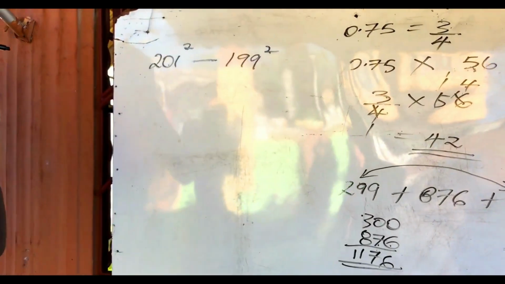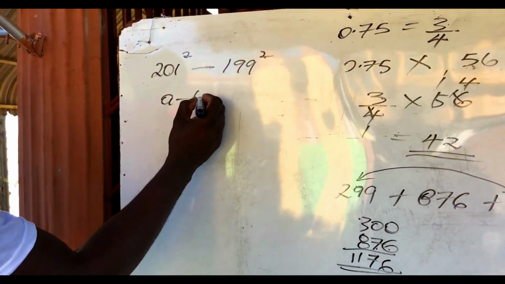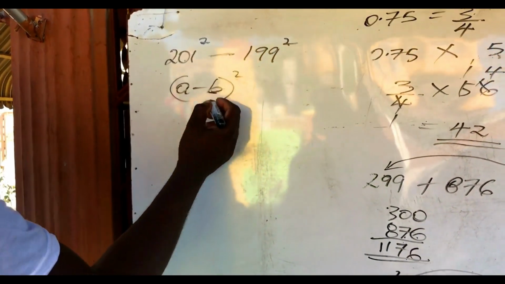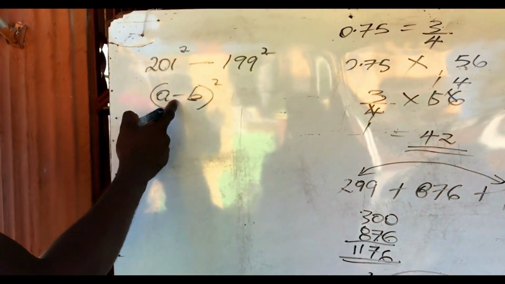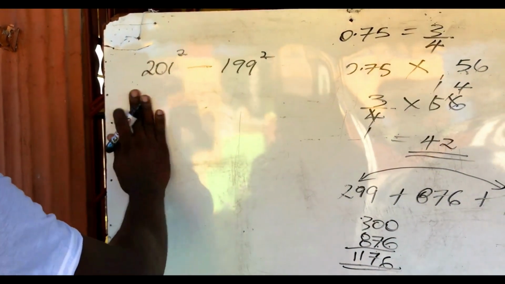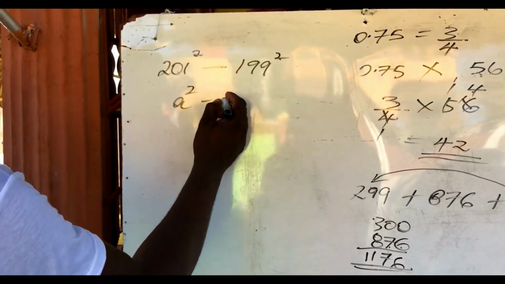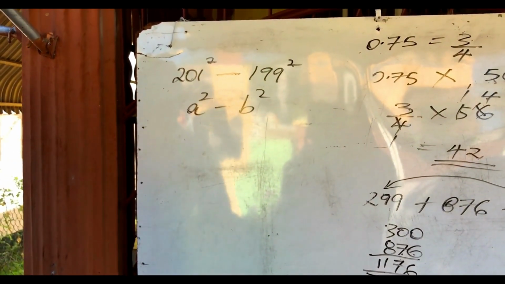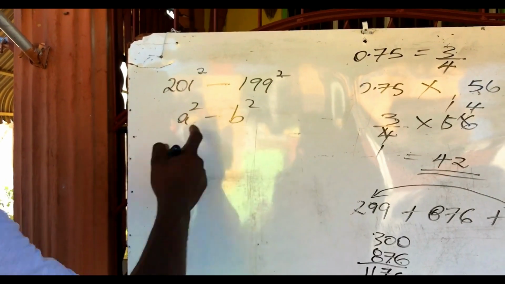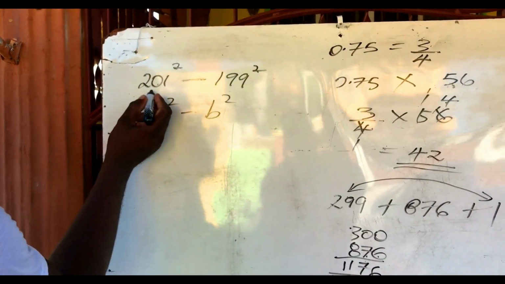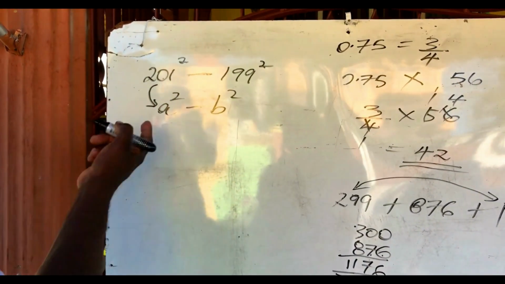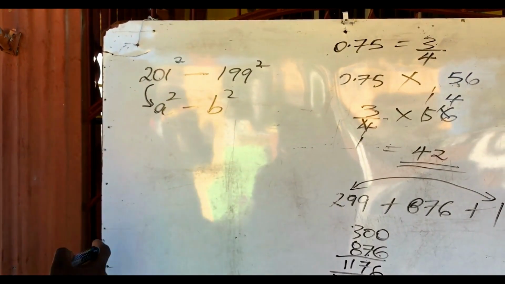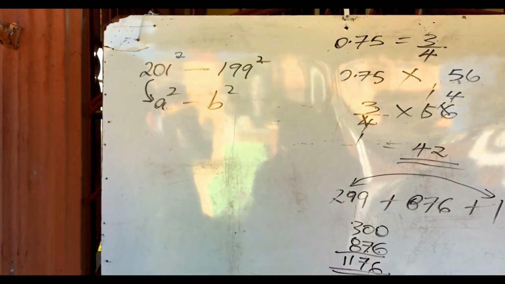And so if we refer to a squared minus b squared, which is a difference of two perfect squares, then 201 squared minus 199 squared is in the form a squared minus b squared.